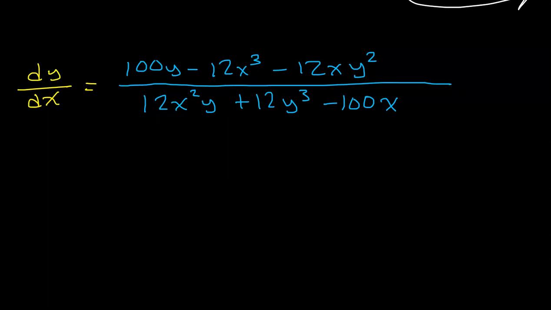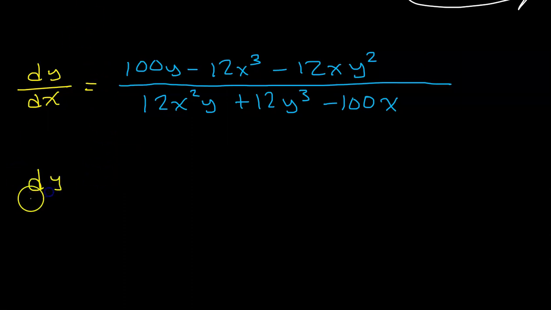We can simplify this a tiny bit if we notice that every single coefficient here is divisible by 4. So you can think of it as dividing the numerator and denominator by 4. Or you can think of it as taking out a GCF of 4. Maybe that's the best way to think about it.